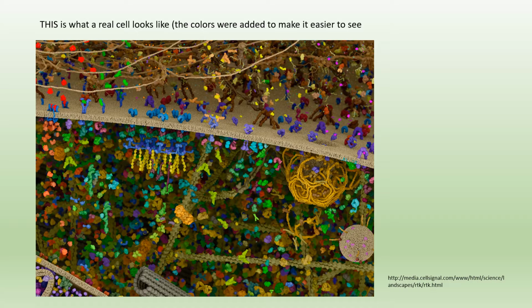This is the outside of the cell. This is the inside of the cell. There's another membrane here that might be a mitochondria. I'm not sure. This is taken with a very sophisticated microscope, and the colors were added later to make it easier for you to figure out what you're looking at.